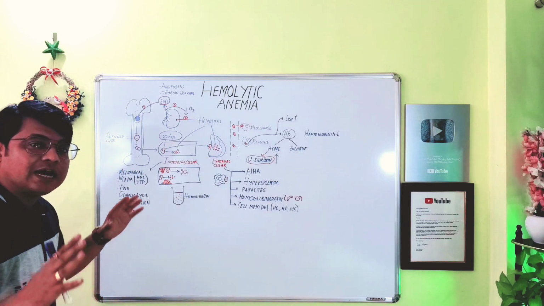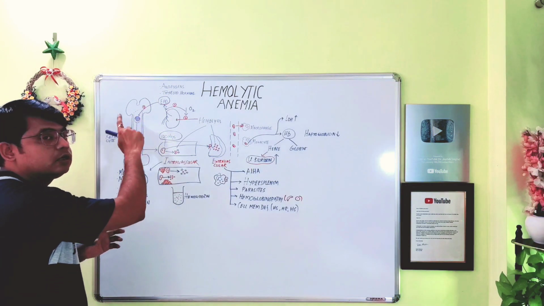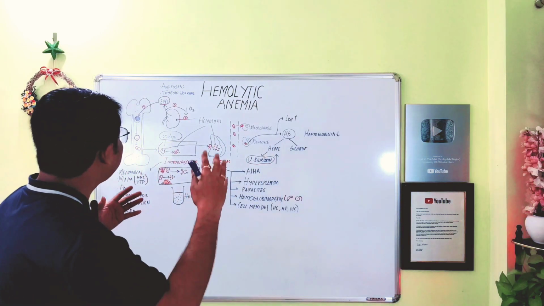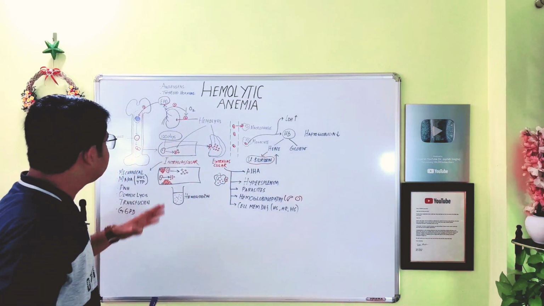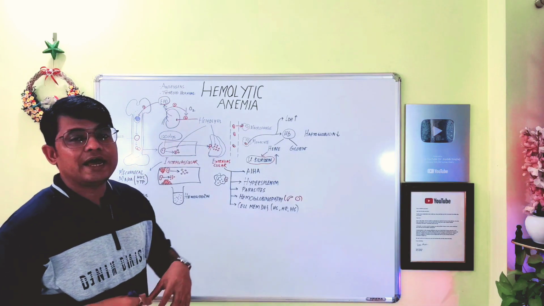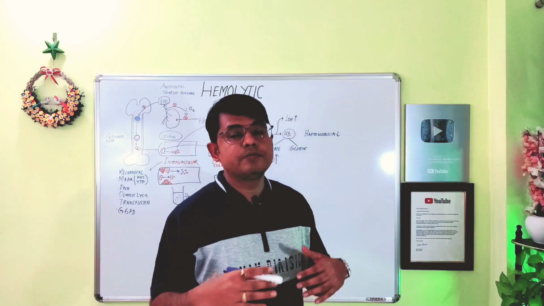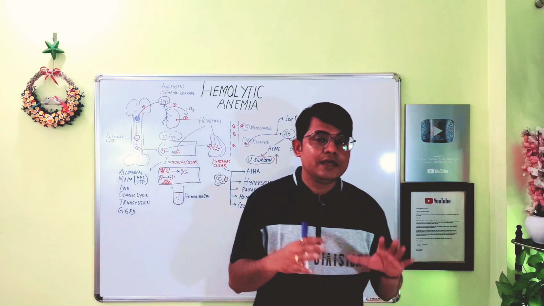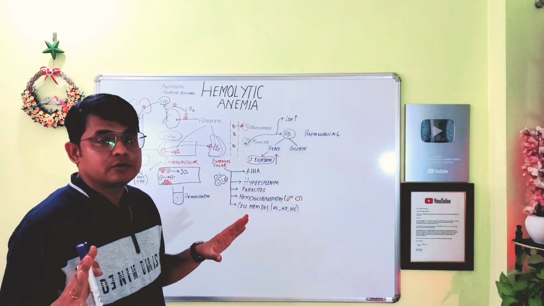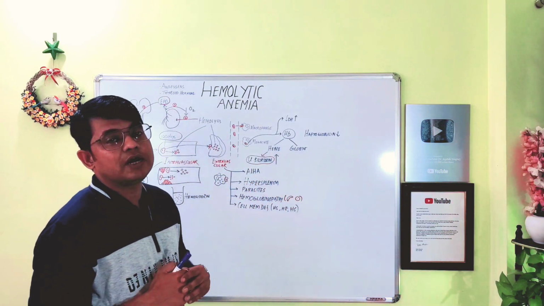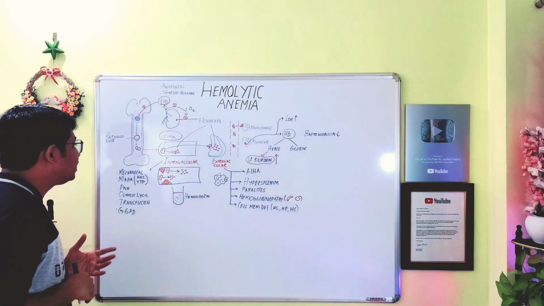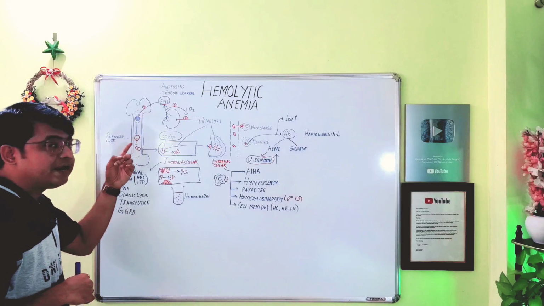So RBCs are produced from the common myeloid precursor cells within the bone marrow, and during the process of development, first there is the pro-erythroblast, and during the course of development from pro-erythroblast there are different forms of erythroblast like basophilic erythroblast, orthochromatic erythroblast, late erythroblast or normoblast, and there is formation of reticulocyte.